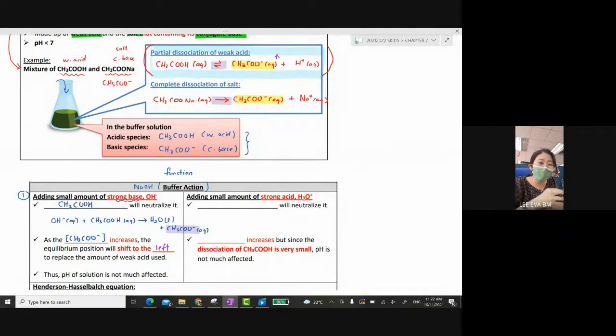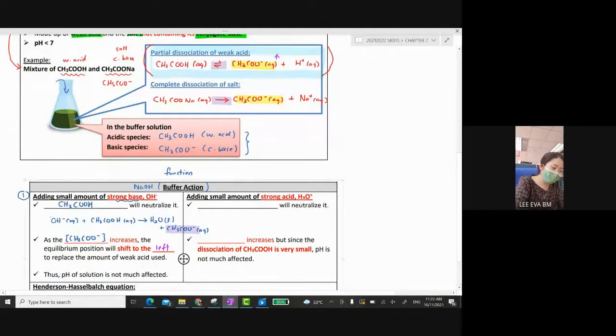Sebab kita guna weak acid untuk neutralizekan strong base added, right? So we want to replace the amount of the weak acid used. Therefore, when your equilibrium shifts back towards the reactant side, you're actually maintaining the concentrations of both species.